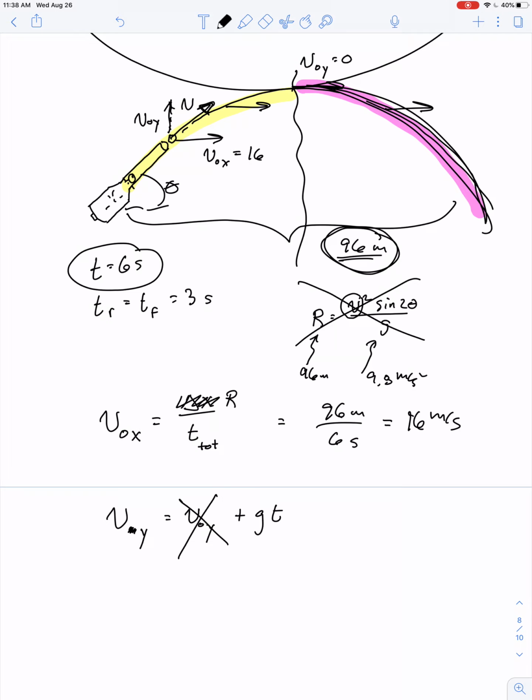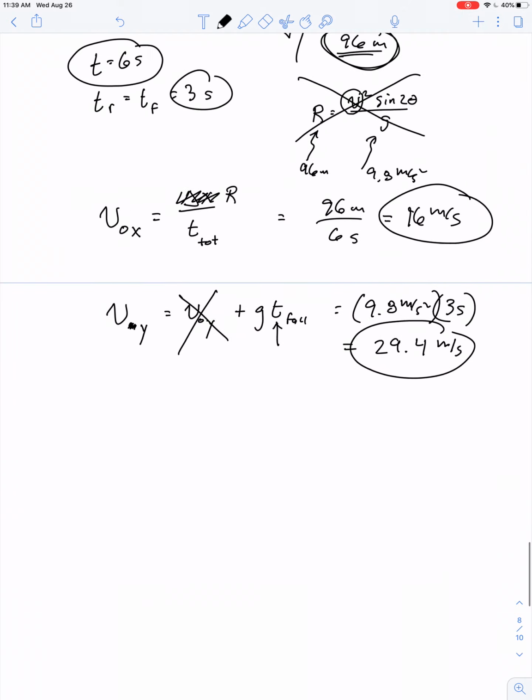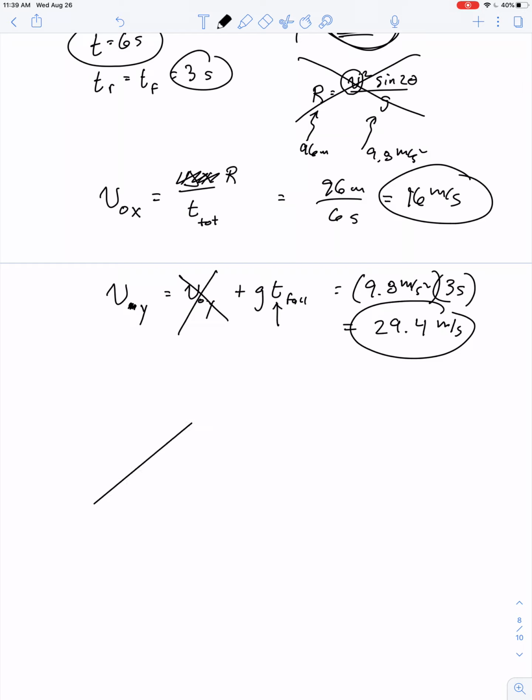Because I'm only looking at half the motion, just the falling, this time is not the total time. This is the fall time of 3 seconds. So if I multiply 9.8 meters per second squared times 3 seconds, I get 29.4 meters per second. So we've got the horizontal speed and the vertical speed, and keep in mind when a velocity vector points at an angle, the horizontal and vertical speeds just represent the sides of the right triangle.